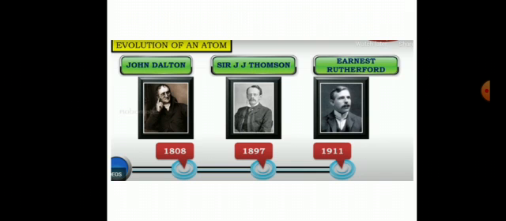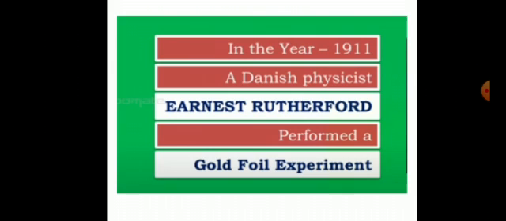Let us see what Ernest Rutherford did. In the year 1911, the physicist Ernest Rutherford performed the gold foil experiment, a very famous experiment in the discovery of the atom.